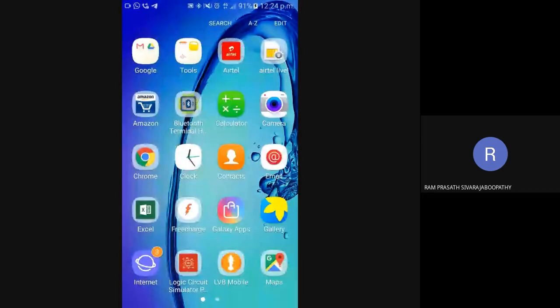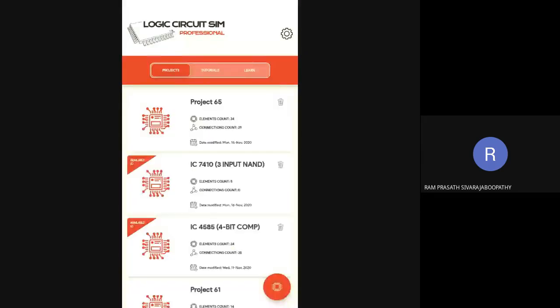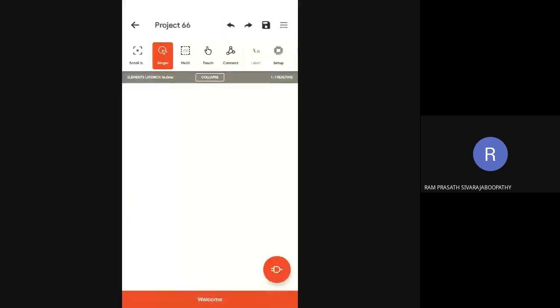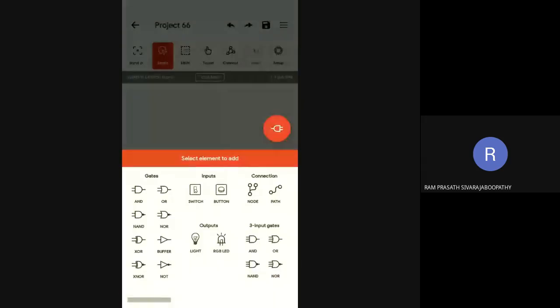First we are going to design an SR flip-flop. So I am creating a new project. I am taking 4 NAND gate ICs, 2 input NAND gates, 1, 2, 3, 4.